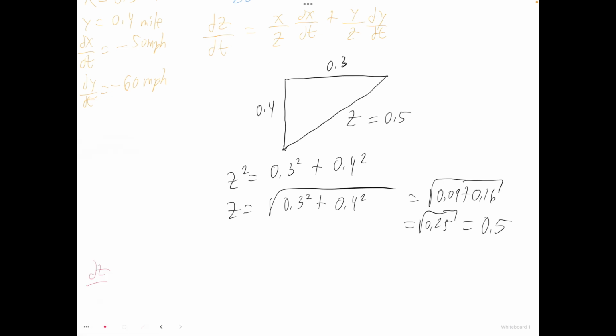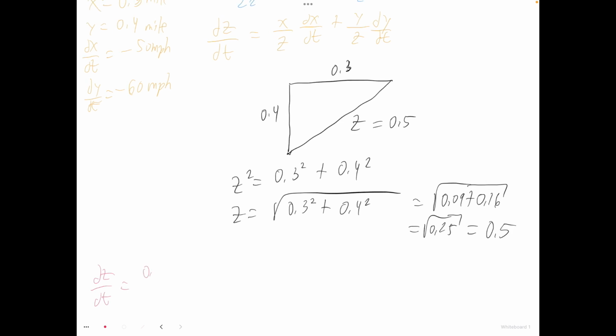So dz over dt is equal to x, which is 0.3 miles, divided by z, which is 0.5 miles, times dx over dt. dx over dt is negative 50 miles per hour. And then we're going to add to that 0.4 miles, that's y, divided by z, which is 0.5 miles, times dy over dt, which is negative 60 miles per hour.